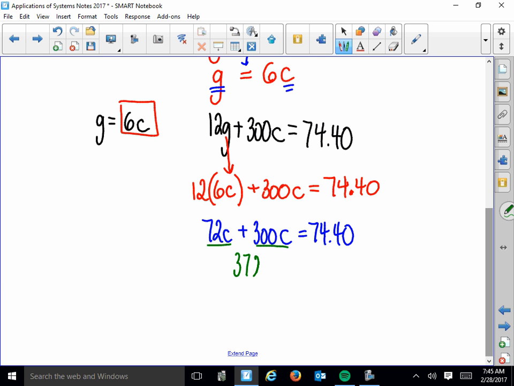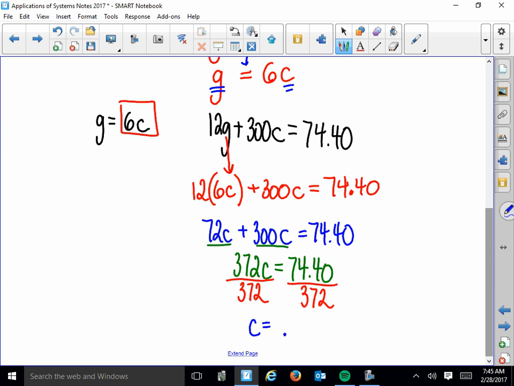Continuing to solve, I'm going to add my like terms together. 300 plus 72 is 372C equals $74.40. The last thing that I need to do is divide each side by 372. So $74.40 divided by 372 is 0.2.